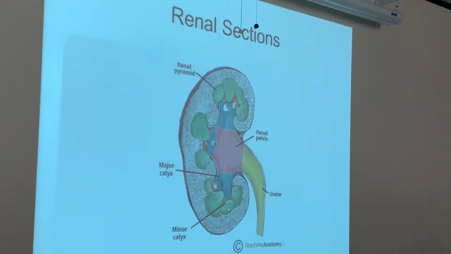The pyramids drain into the minor, go to the major, go to the pelvis, go to the ureter. All of this is considered cortex. All of this is considered medulla. The pelvic sinus is hyperechoic. The pyramids can be iso to hypoechoic.